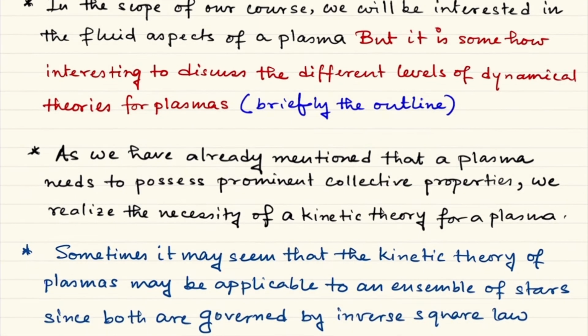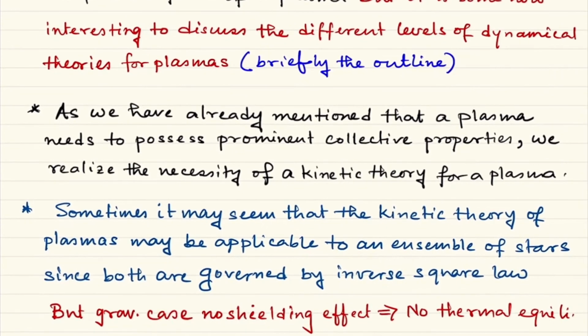Sometimes it may seem that the kinetic theory of plasmas may be applicable to an ensemble of stars governed by inverse square laws, because both the gravity field and Coulomb forces are inverse square laws.